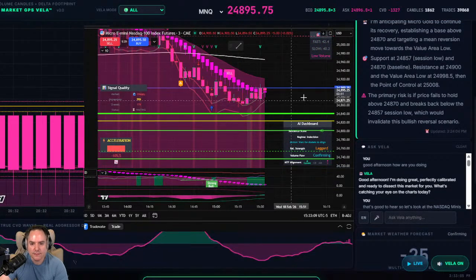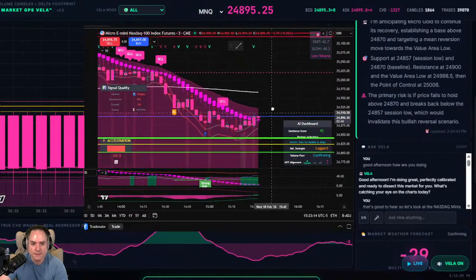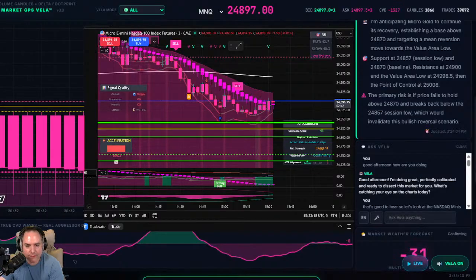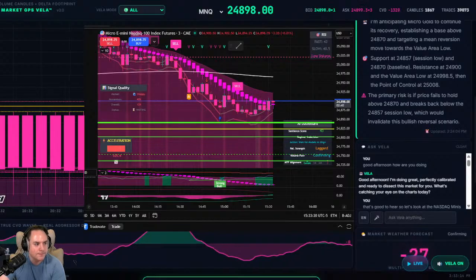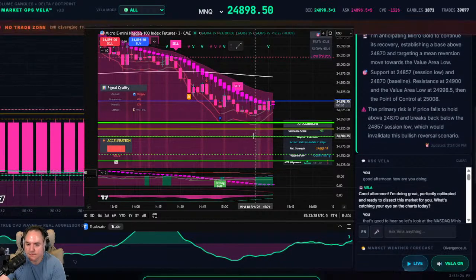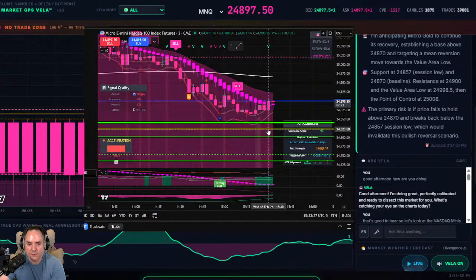To be honest, I don't know if I would take a long here. Our gravity band is red. Things are falling over. The price is falling over on the 1,000 tick chart. I want to see the delta coming in to support this move up, and I don't really see that yet.